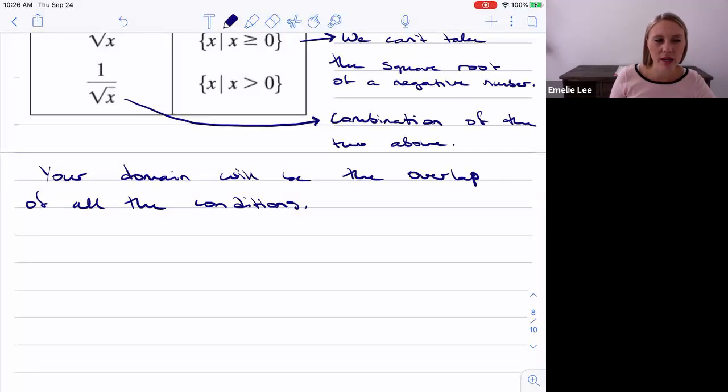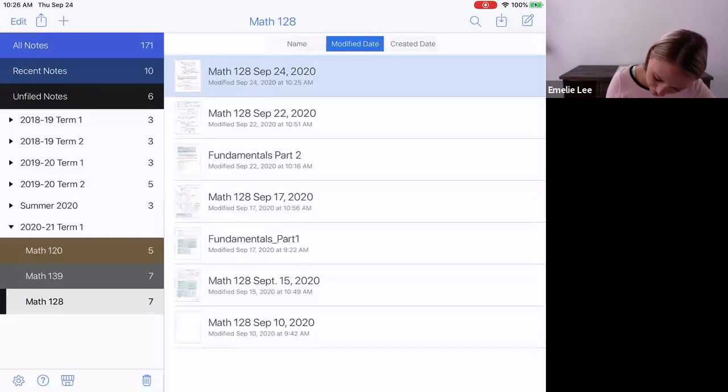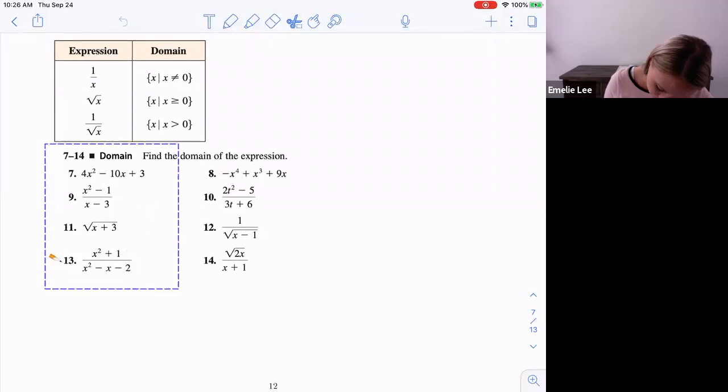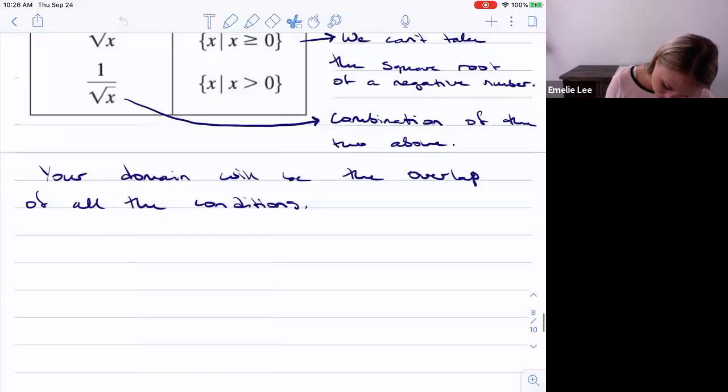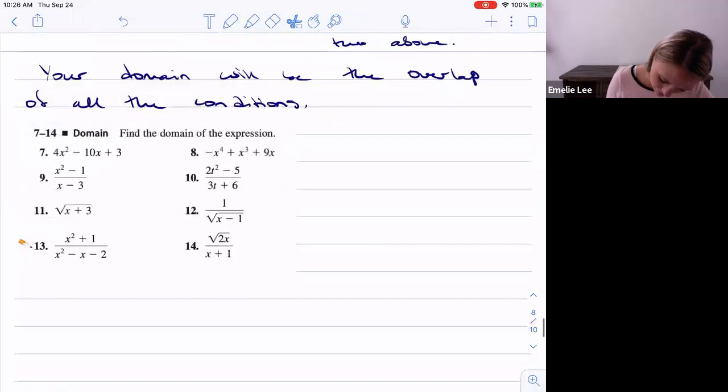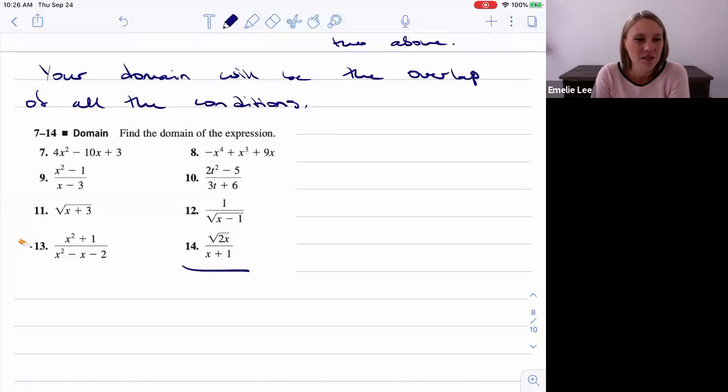So what I mean by that, we'll do an example. We'll do 14 because it's got a combination of all these things. But let's just talk about these other ones first.